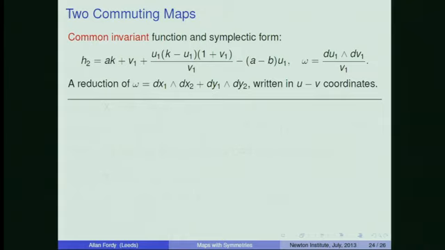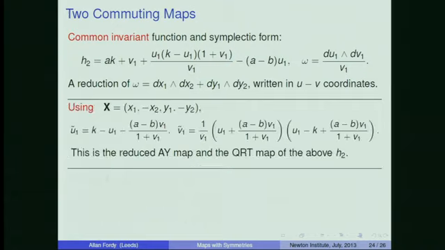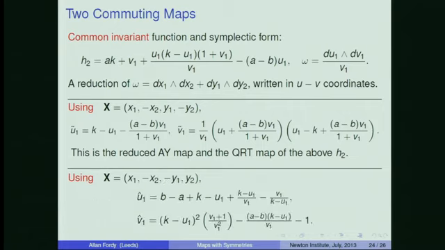If you write this symplectic form in the u, v coordinates in 4 dimensions, then it becomes the sum of this minus maybe du2 wedge dv2 over v2. So this is actually just a reduction of the symplectic form that's already known. Then using these two different vector fields, the one that we started with and another one, you construct two different maps, both of which preserve this Hamiltonian, both of which preserve this symplectic form, and they commute.